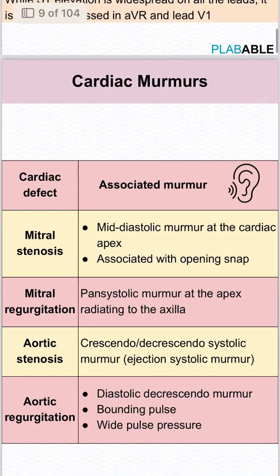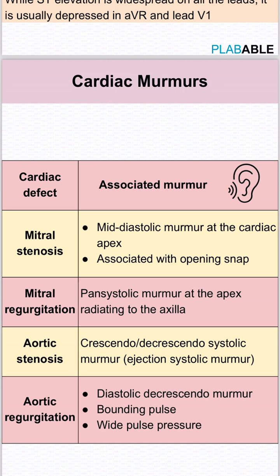Now let's talk about cardiac murmurs. If there is a cardiac defect, the associated murmur will be audible by ear. Keep in mind that mitral murmurs will be audible at the apex.